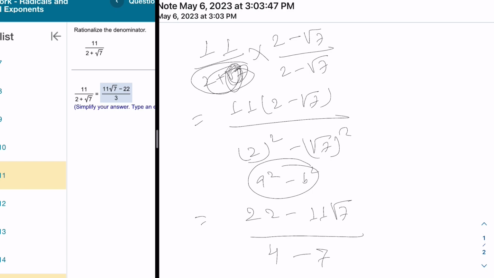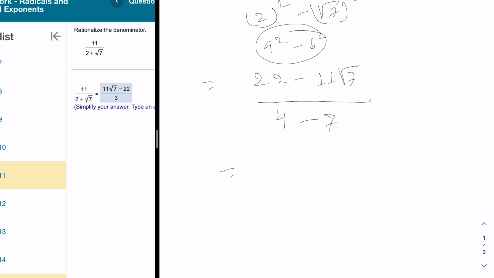So our answer is 22 minus 11 root 7, over 4 minus 7, which is minus 3. So can we write this as our answer?